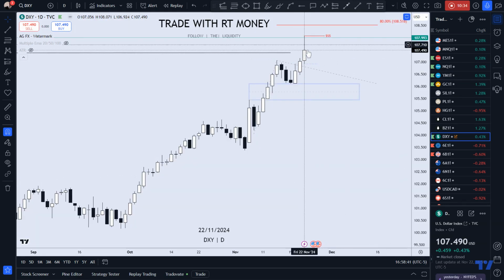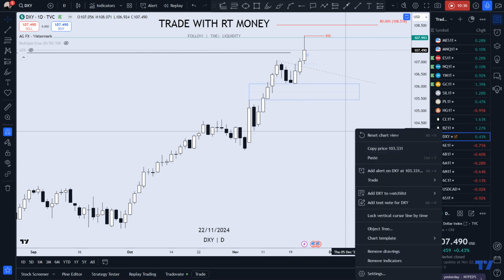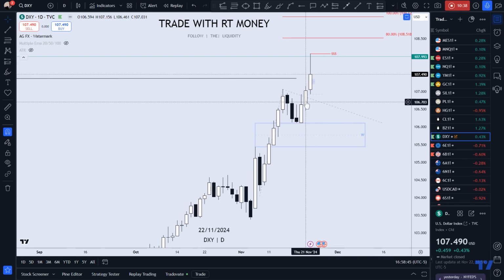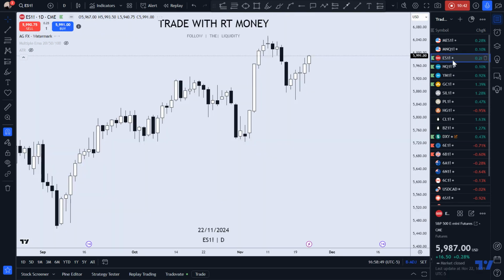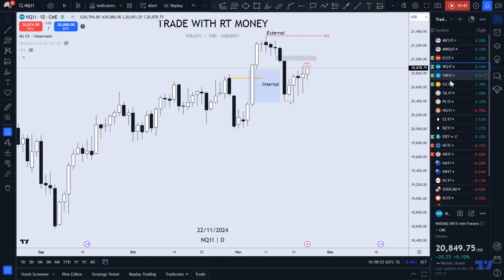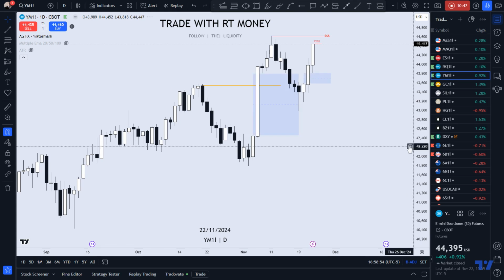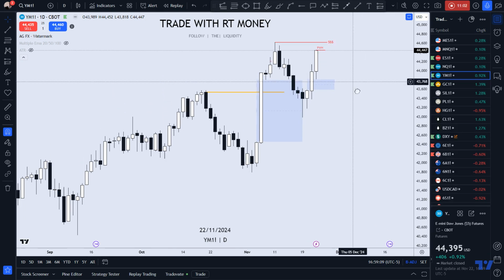Friday had a little retracement because of the news items and all, but it's been bullish while the S&P, the NASDAQ, and the Dow have been bullish. That's not usually the case. One is supposed to be going the other way, going the opposite direction. But I think this may continue into next week. All right. So that's my story.